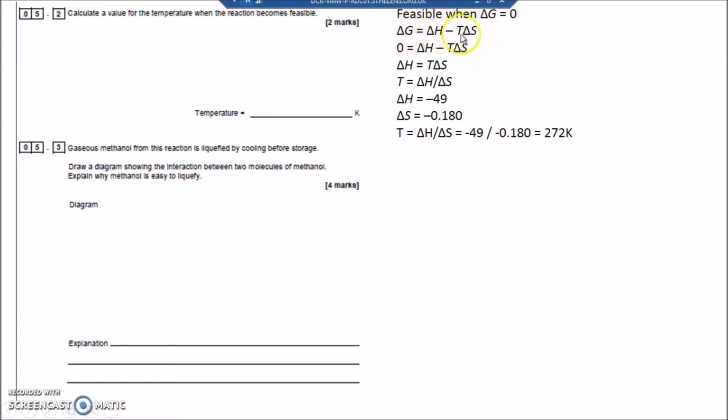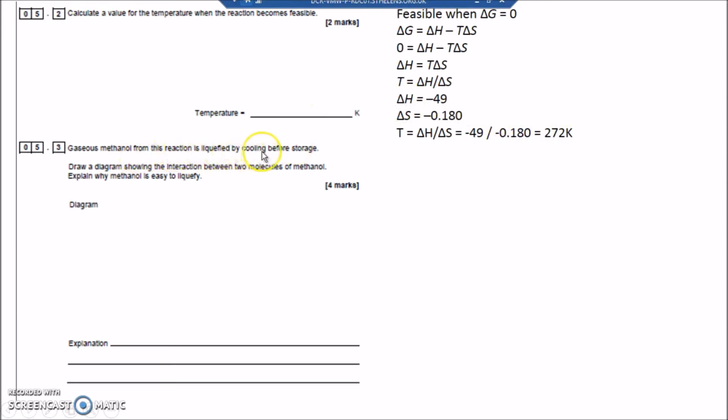So delta G is delta H minus T delta S, so 0 equals delta H minus T delta S. I'll take minus T delta S across the other side so it becomes positive, so T delta S equals delta H. So if delta H equals T delta S, then I've got to work out the temperature, so I'm trying to get temperature on its own, so I divide both sides by delta S. T is delta H divided by delta S. So delta H is minus 49, delta S is minus 0.180, so my temperature is minus 49 divided by minus 0.180, which is 272, and it's in Kelvin.